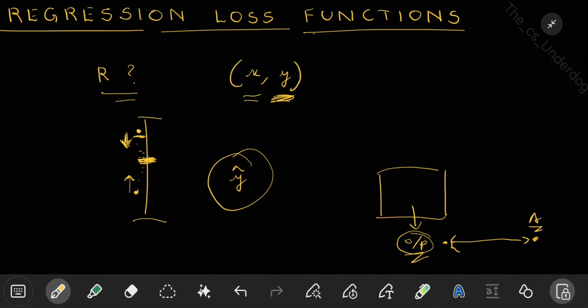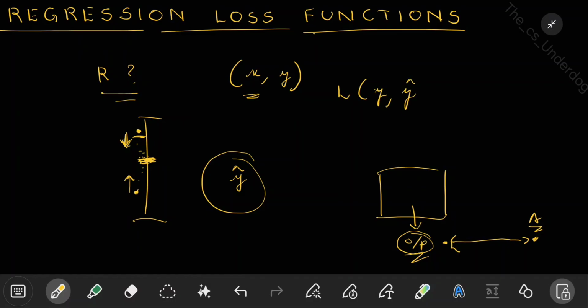Your model was supposed to produce y when it was given x as input, but what it predicted is y cap. So y cap might be slightly differing from y. The next function is you have to identify a loss function L of y cap, which will find out how far is y cap from y and what adjustment is to be made.